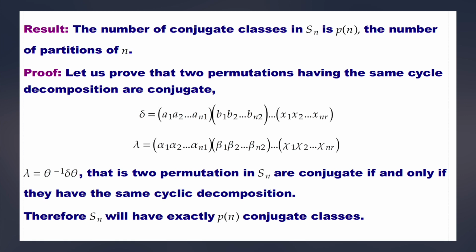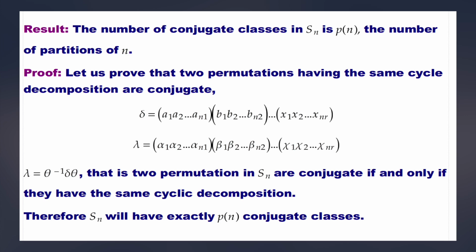See here, delta is equal to the cycle (a1, a2, a3, and so on, an1), the cycle (b1, b2, and so on, bn2), and so on, the cycle (x1, x2, and so on, xnr). The next one, lambda, is equal to the cycle (alpha 1, alpha 2, and so on, alpha n1) times (beta 1, beta 2, and so on, beta n2), and so on, (psi 1, psi 2, and so on, psi nr).